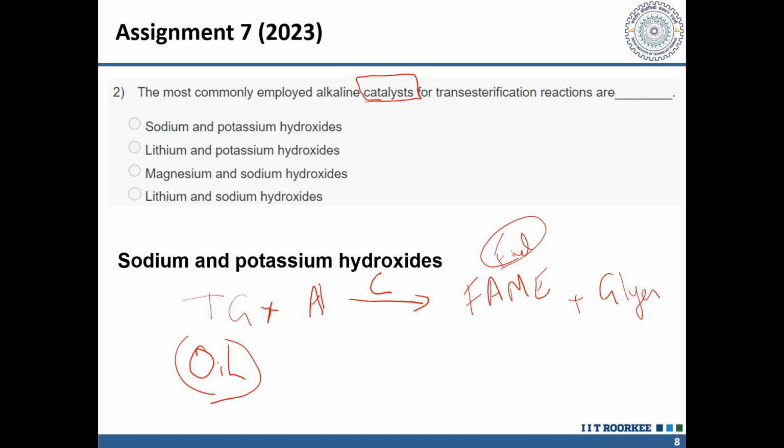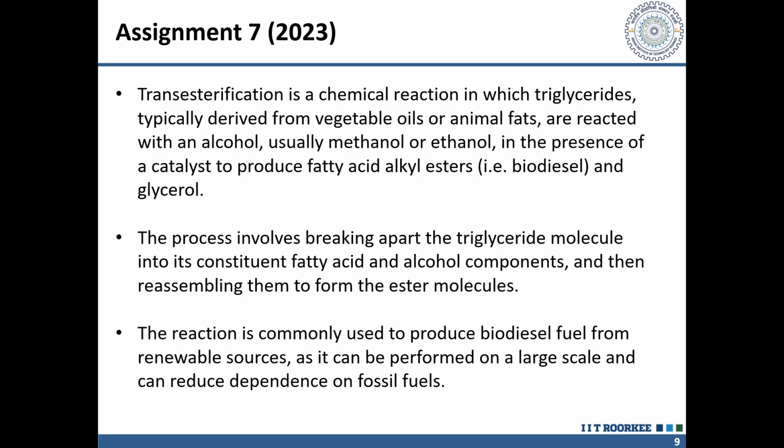All of these can be used, but sodium and potassium hydroxide are generally the ones employed. The rest are not employed because lithium and magnesium hydroxides are not so readily available, and their reactivity is also low. So the most commonly used are sodium and potassium hydroxides.